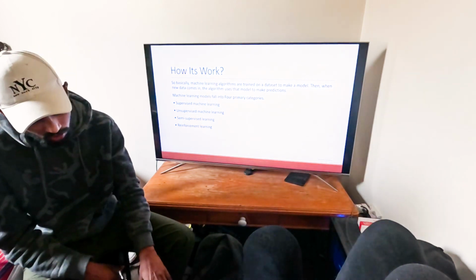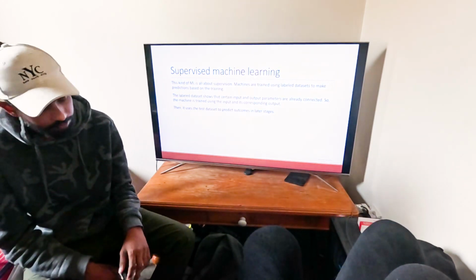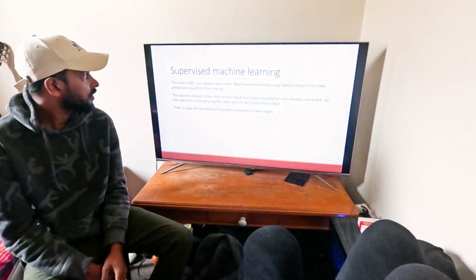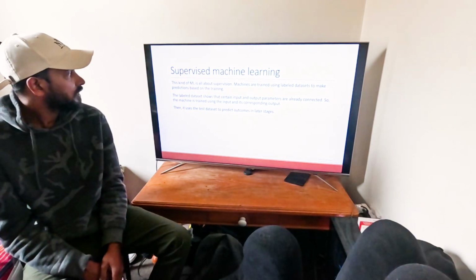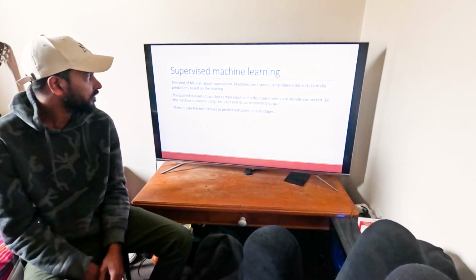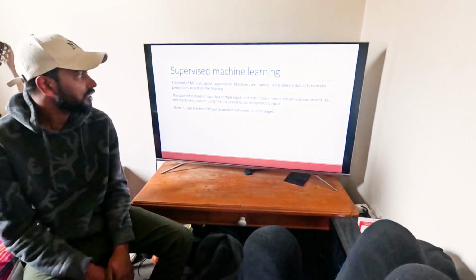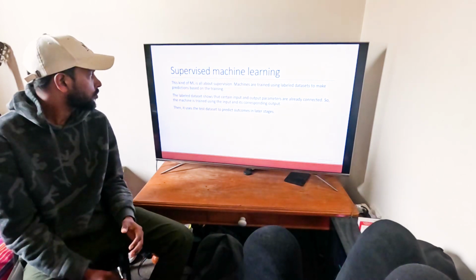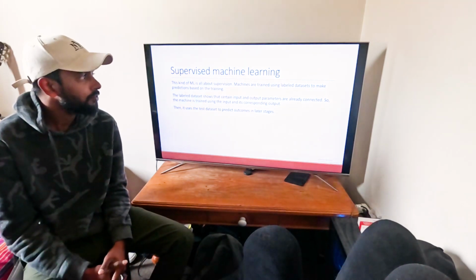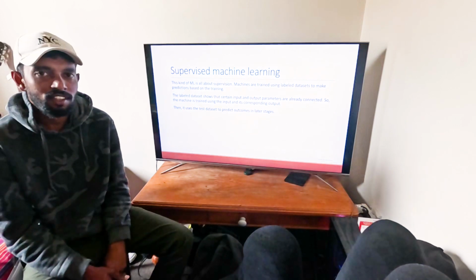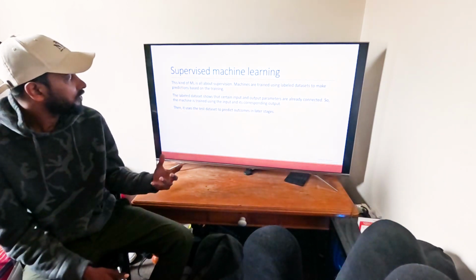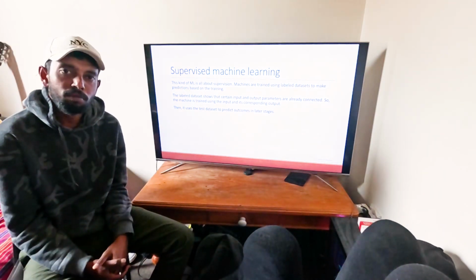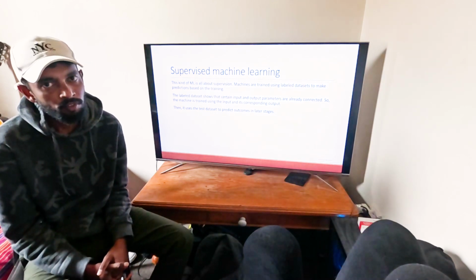Here, supervised machine learning. This kind of machine learning is all about supervision. Machines are trained using a labeled data set to make predictions based on the training. We show the data set with certain inputs and outputs.